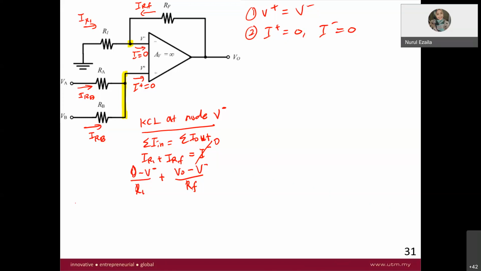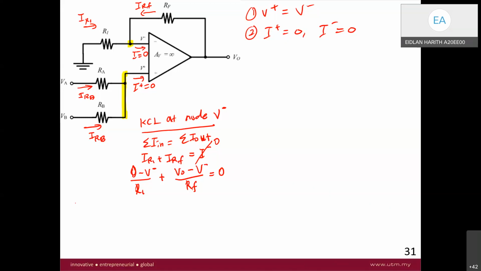Okay, here you should get that... Sorry, combine, Doctor. Why is IR1 at I in? Why does it not go to the ground?